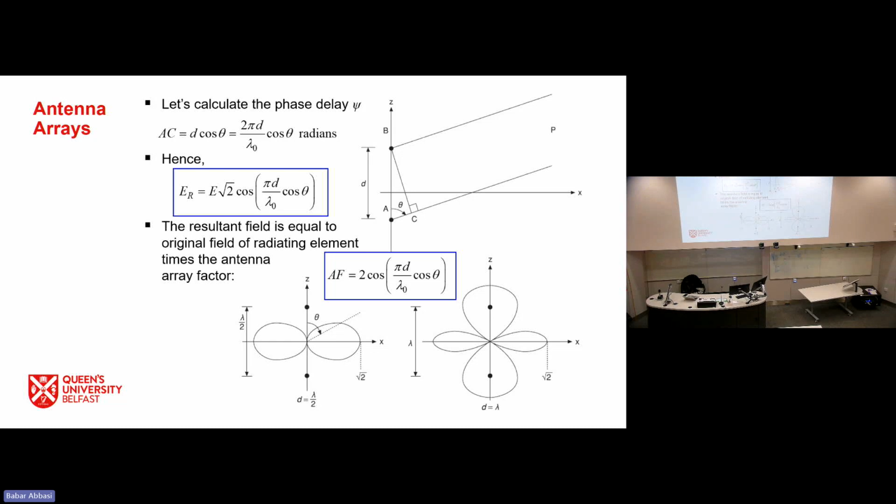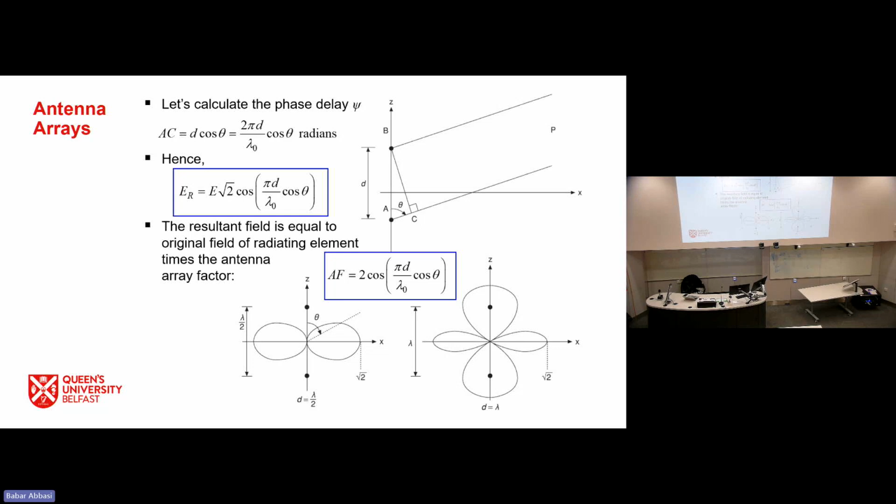If I want to convert it into radian, then 2 pi by lambda is multiplied by D cos theta. And now I have AC in radian as 2 pi D over lambda. So my resultant ER will be E, the electric field, times root 2 cos of pi D over lambda cos theta.